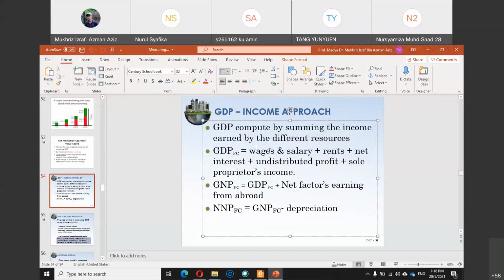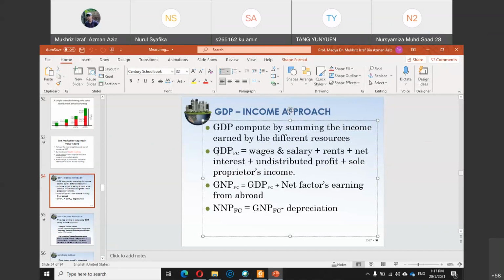So it can be from wages, salary, rents, net interest, undistributed profit. So this is income from owners of buildings.